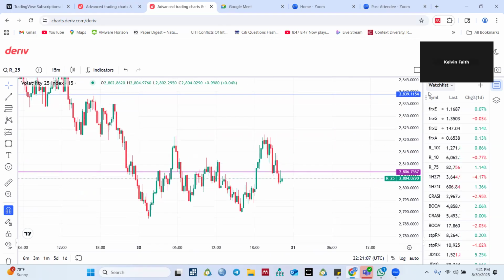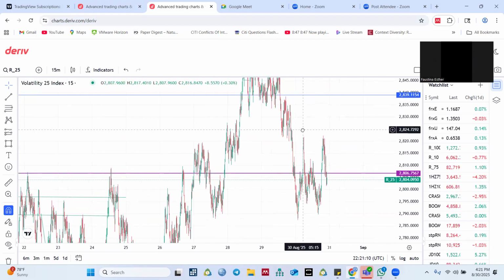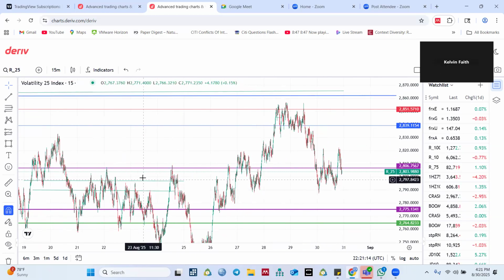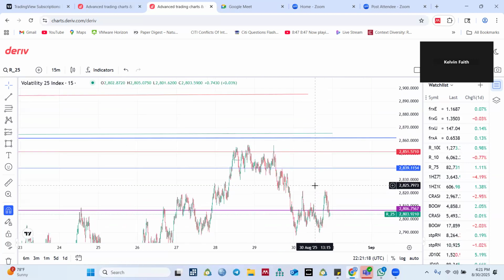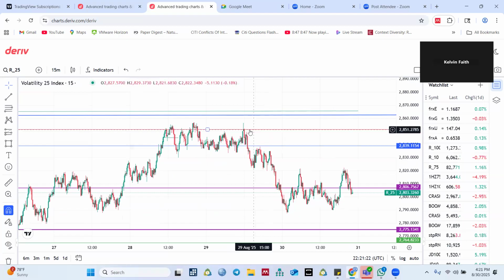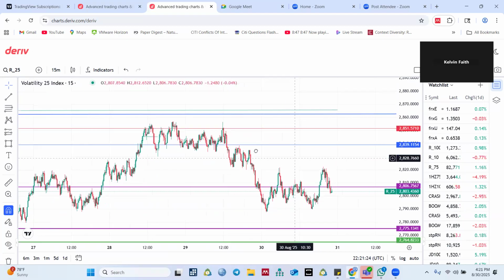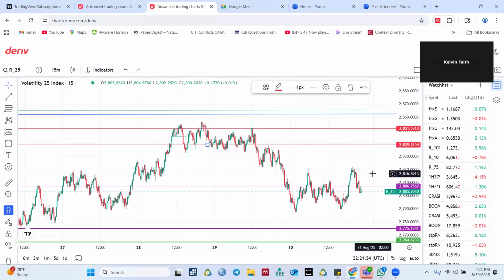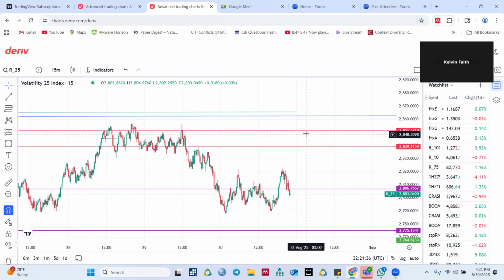Okay, take out these lines. Below this red line, we are getting sales. And below this second one, let me make these two red. Below this red line too is sales. Anything above here is buys.